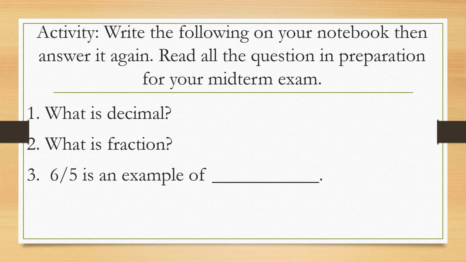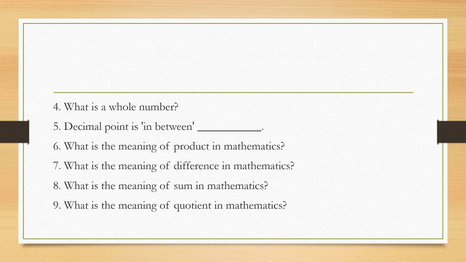What is a fraction? 6 over 5 is an example of what? Number four, what is a whole number? Number 5, the decimal point is in between blank. And what is the meaning of product? Difference, sum, and quotient. So these are just a few of the questions that will be coming out during your midterm exam.